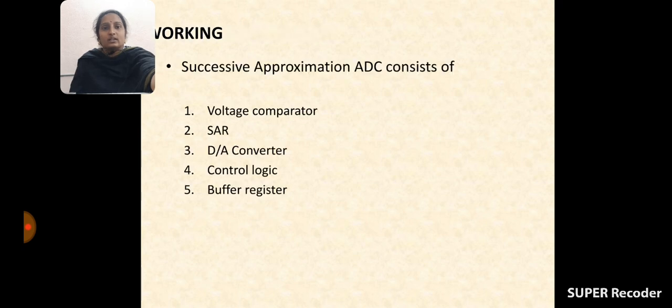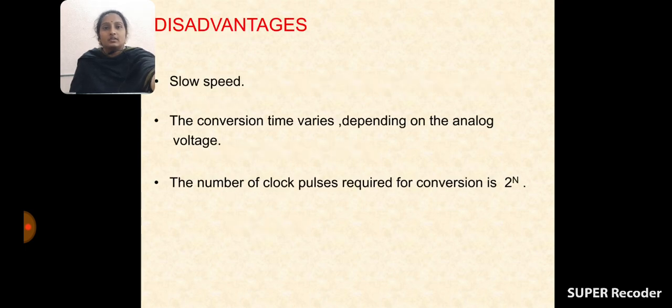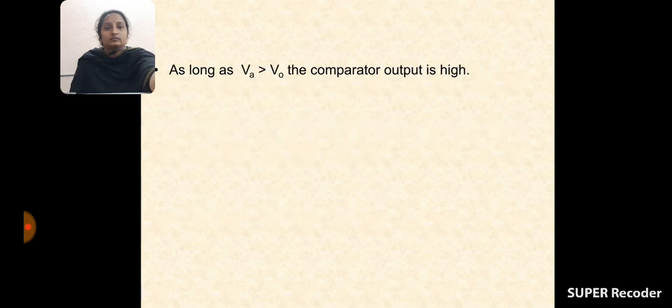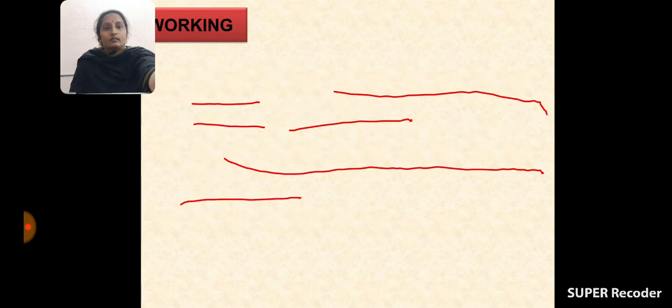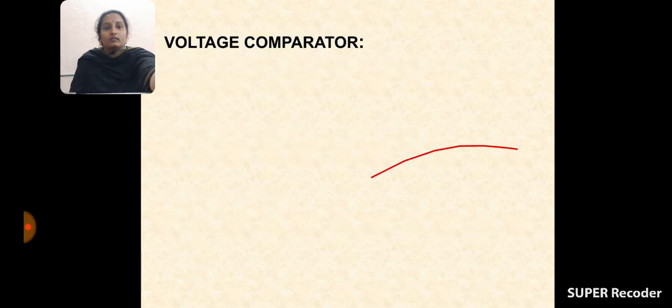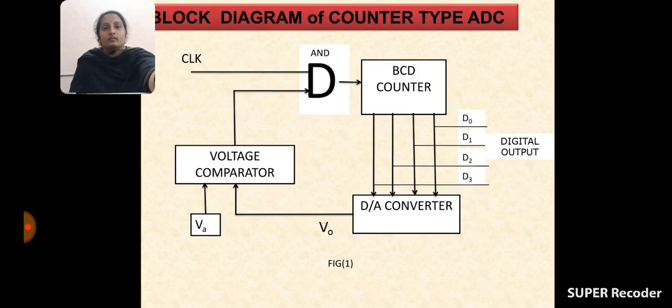First you should draw the diagram, then you draw the illustration. Among these two converters, this counter type is very important. So once check the key points belonging to the counter type.